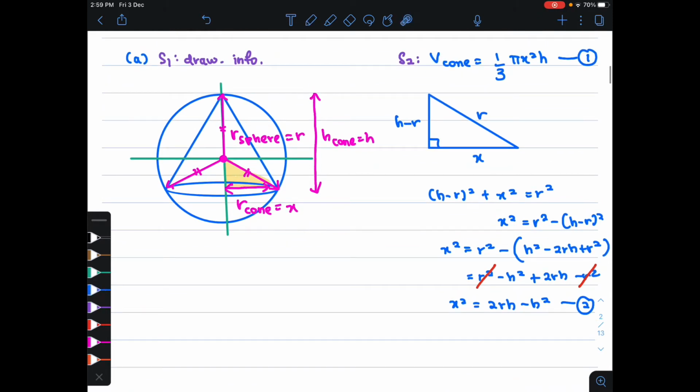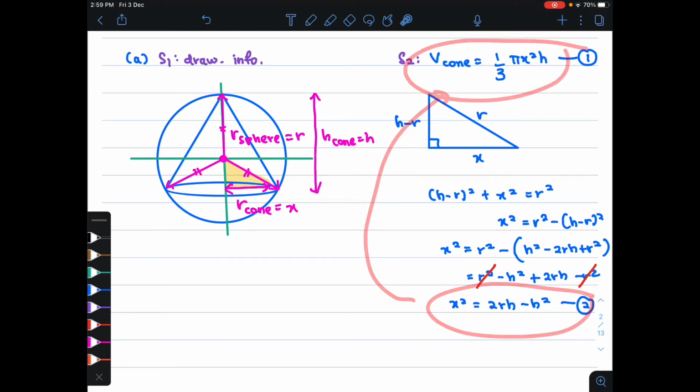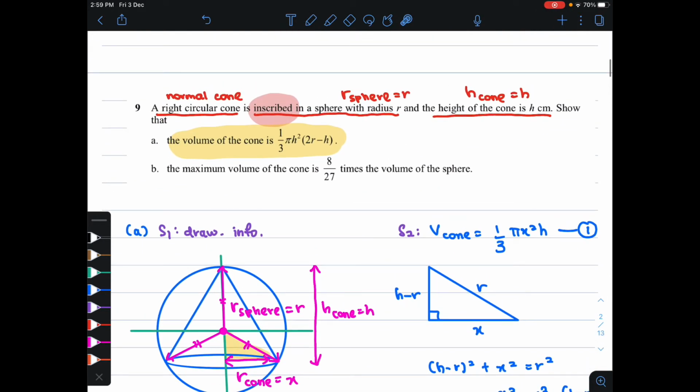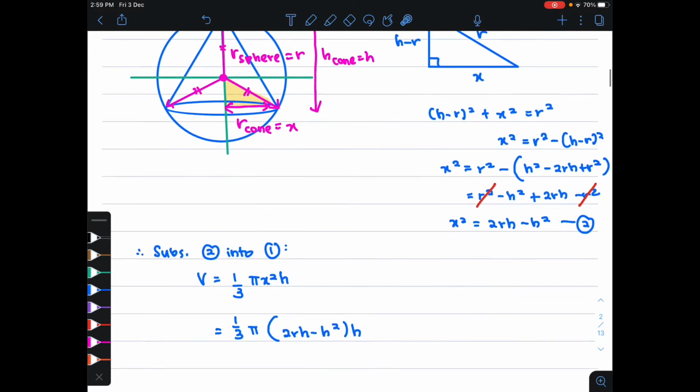And then, macam biasa, substitute the second equation into the first equation. Dan kamu tahu kata X square adalah ini. Alright. So, kalau kamu compare dengan yang kita nak, kamu akan perasan kata dia just dalam tu ditinggal 2R tolak H sahaja. Yang dalam bracket.